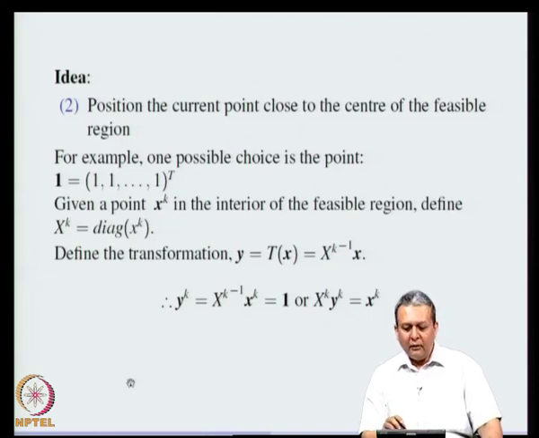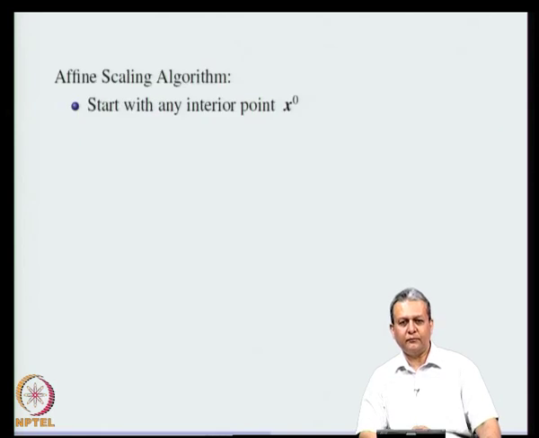So, given x, we can use this transformation T to convert it to the Y space. So, Y is nothing but Xk inverse x, and given Y, it is easy to transform it back to the original space using x is equal to Xk y transformation.